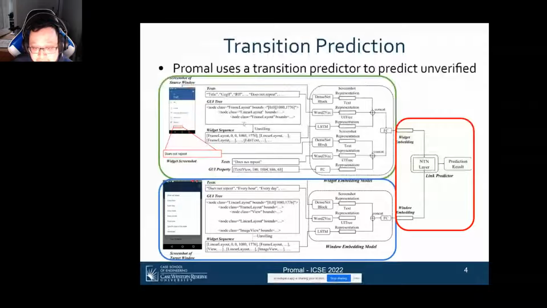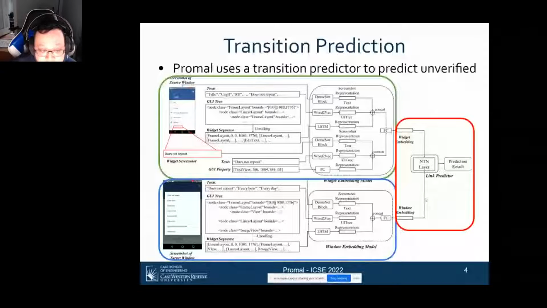We use machine learning models like CNN, DenseNet, and LSTM to obtain vector embeddings of the window or the widget. Next, we feed these embeddings into a neural tensor network to predict whether there should be a link between them or not.